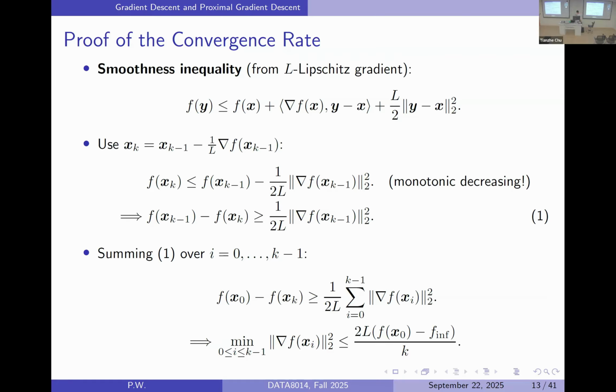L Lipschitz. So we finally get smaller than this, which is the quadratic upper bound. The key step in this one is to define this scalar-based function g(t), then use the fundamental calculus theorem, then use the Lipschitz gradient and that equality, and finally you will get the quadratic upper bound. Okay.